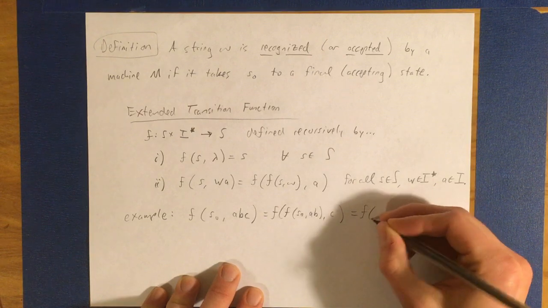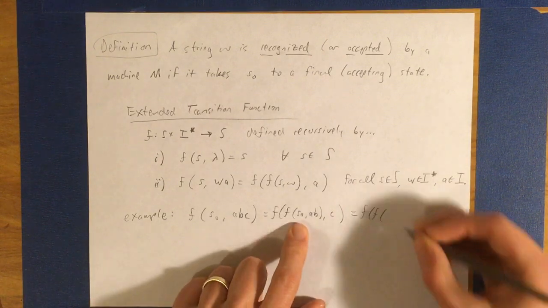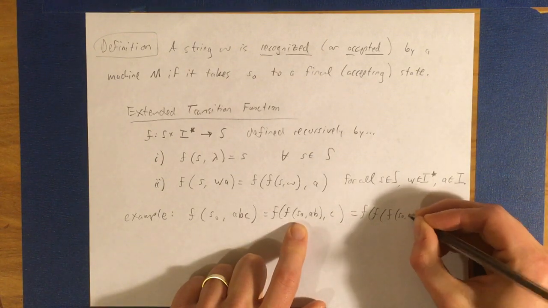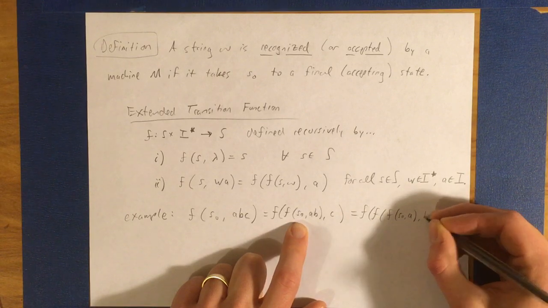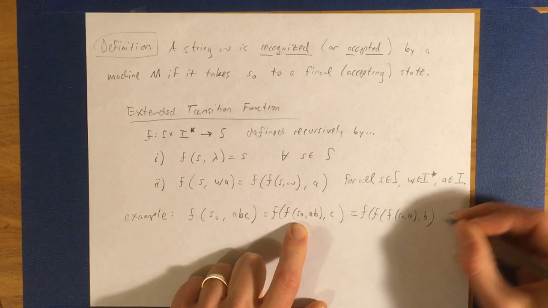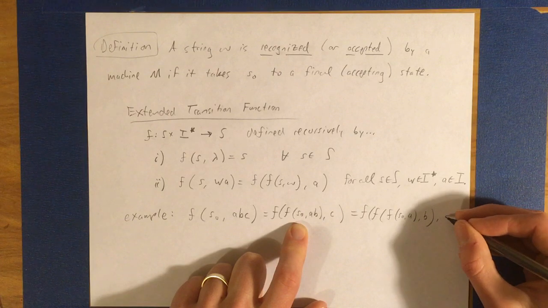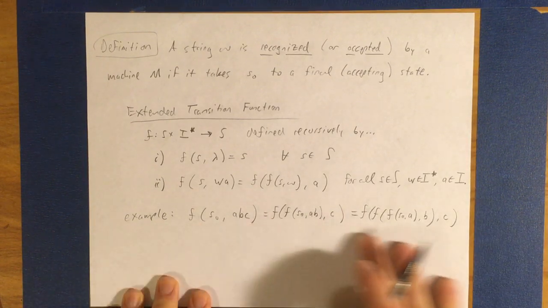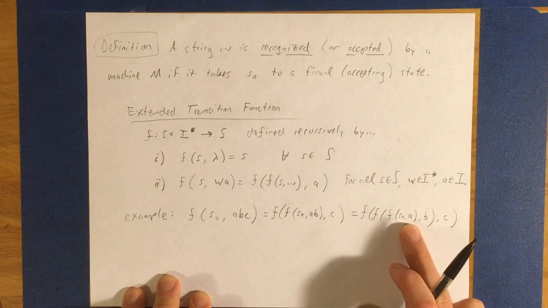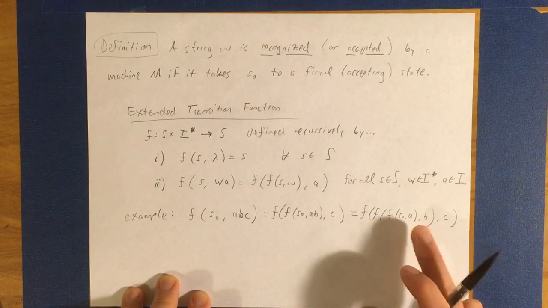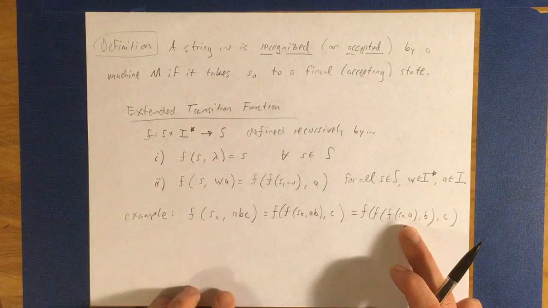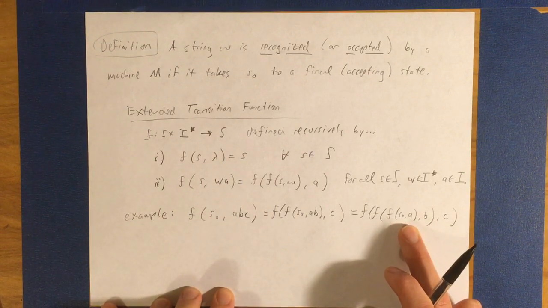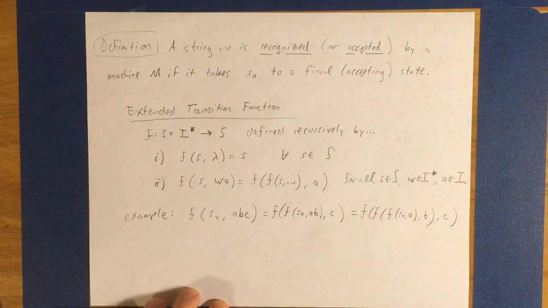You can do f of S0 A, and then with B, and then take that output and take that with C. Whew! It starts to get kind of messy, but the idea is you're recursing all the way down. And then you could do this one more step where you go all the way down to the base case, which is lambda, and then go from there.